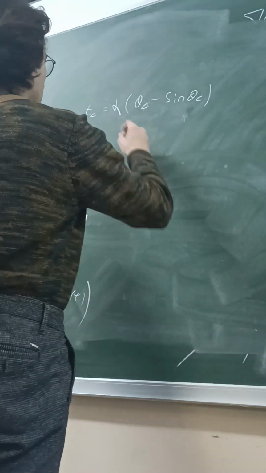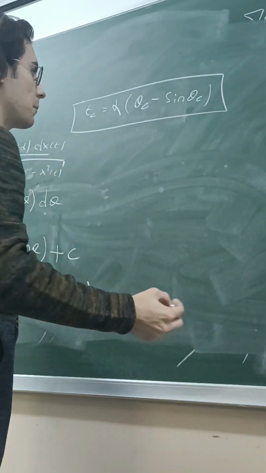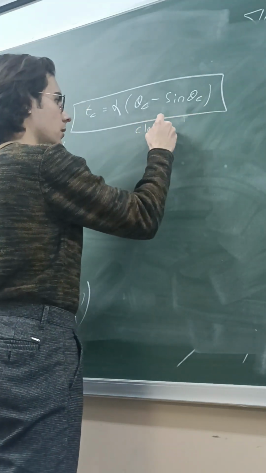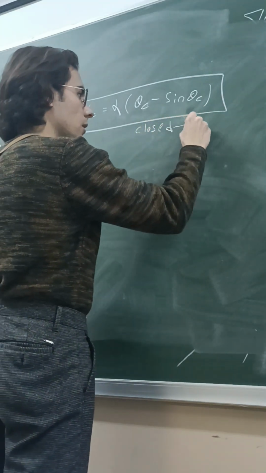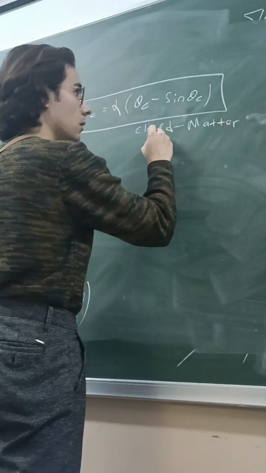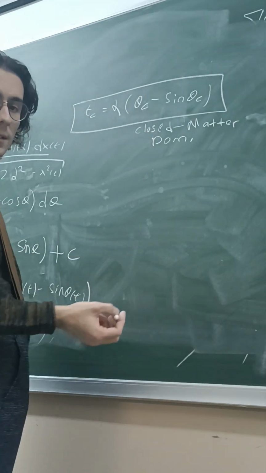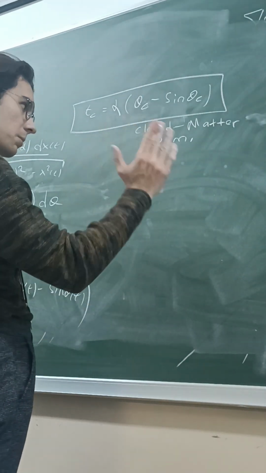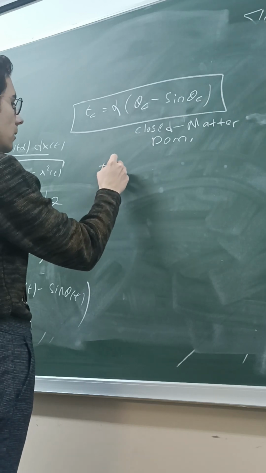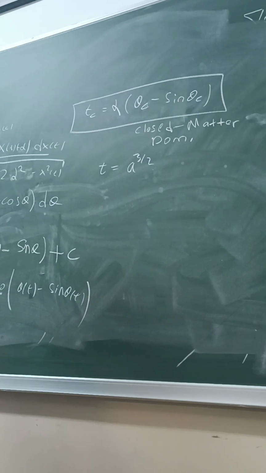This is actually a necessity. If you can recollect, this is closed geometry, closed matter dominated. We can have a revision of the previous cases. It was about a to the 3 over 2.